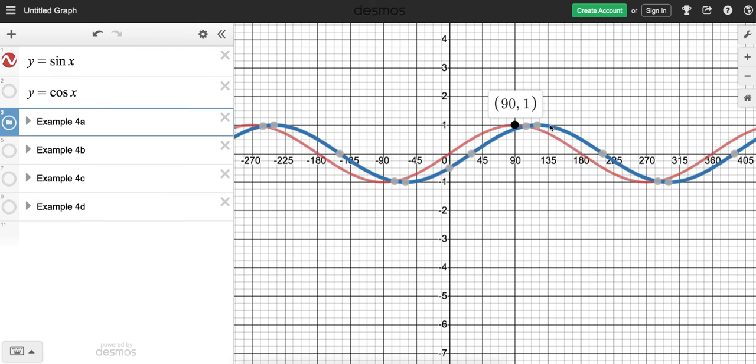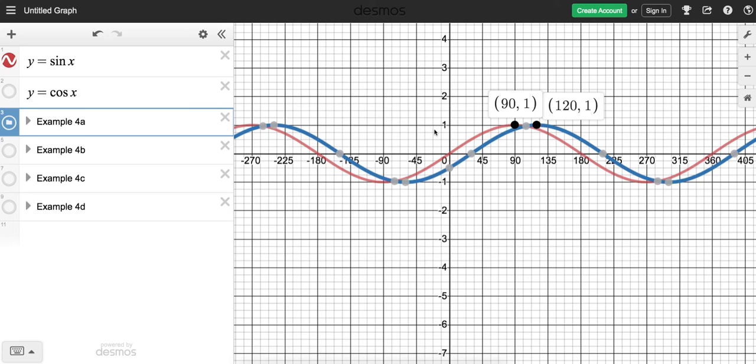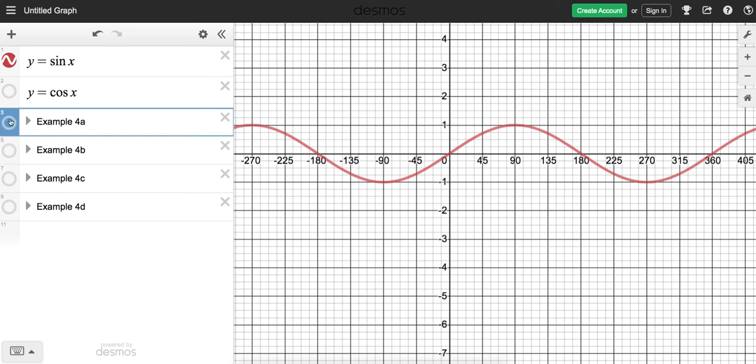That's a shift of 30 degrees to the right. So if we set x minus 30 in parentheses equal to 0 and solve, we get x equals 30 degrees. And that again is a 30-degree shift to the right, as we can see with the graph in red originally, and now the graph in blue.